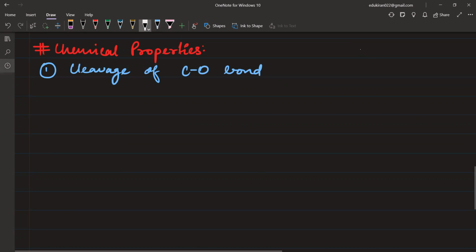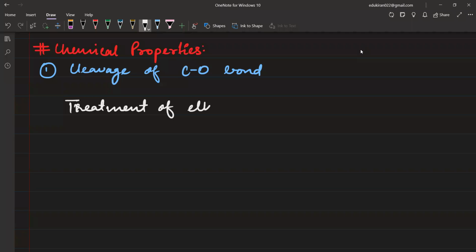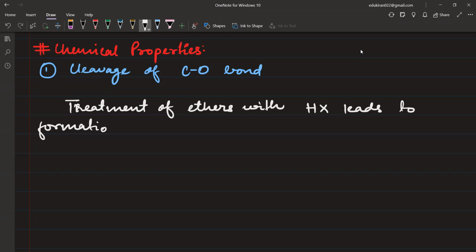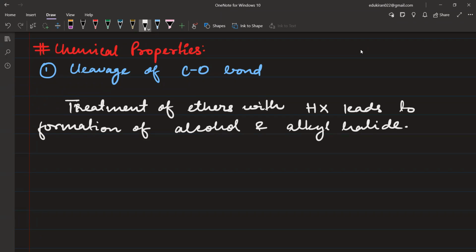Okay, now right here, treatment of ethers with HX leads to formation of alcohol and alkyl halide. Okay, so see here you have R, O, some R dash.